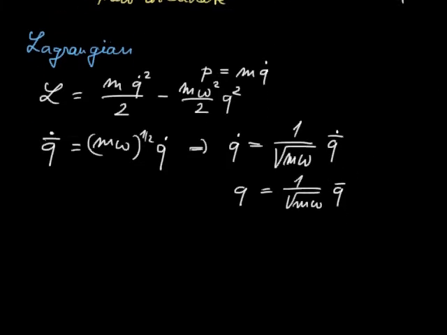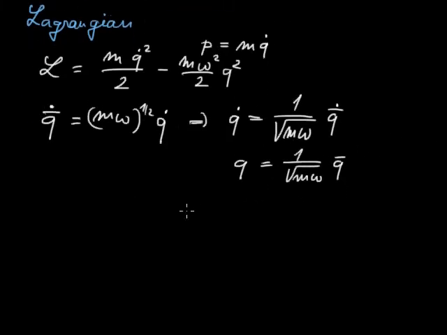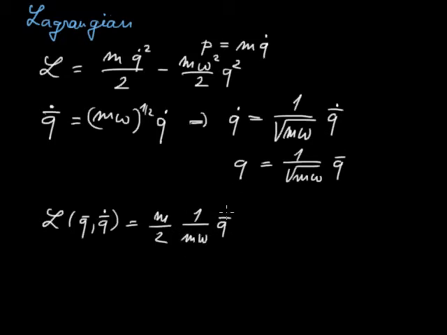And the question which we are asking here is, how does the Lagrangian look now in the new coordinates? This is fairly simple. I just use these definitions and put them in. So here I have m divided by 2, but then I have a square of this, which means 1 over m omega, q bar dot to the second power, so I got rid of m.